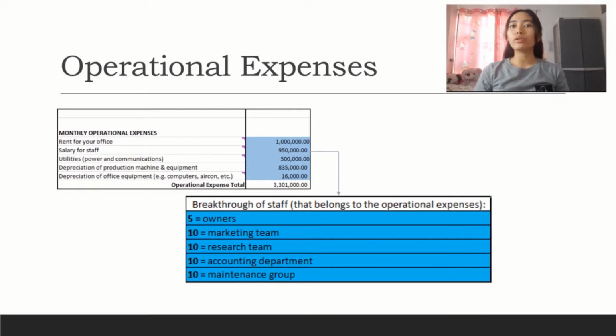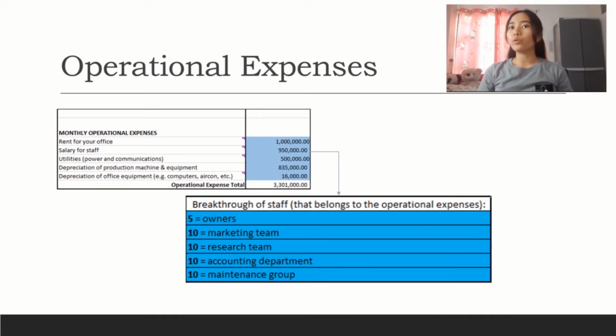Meanwhile, the owners will receive 30,000 pesos per month, meaning 1,154 pesos per day.